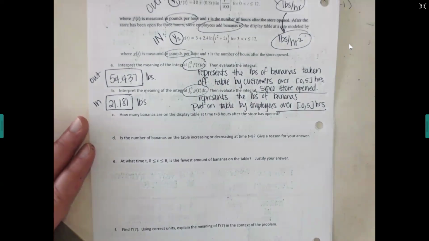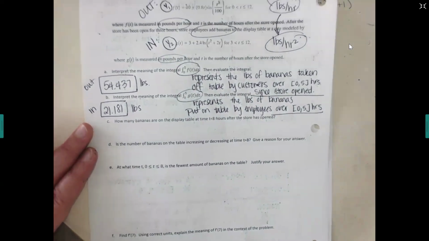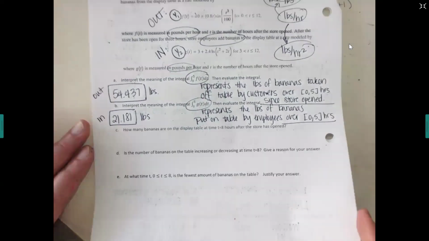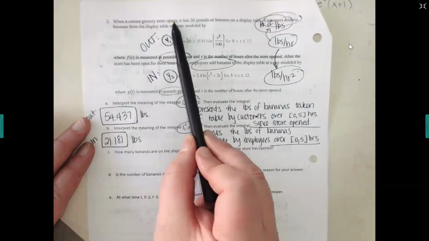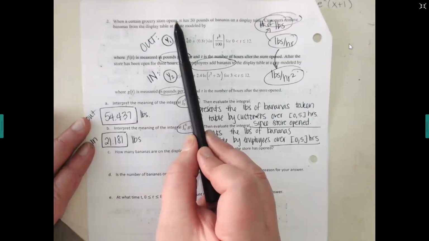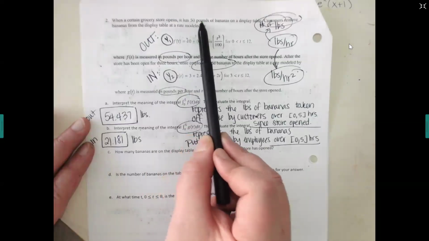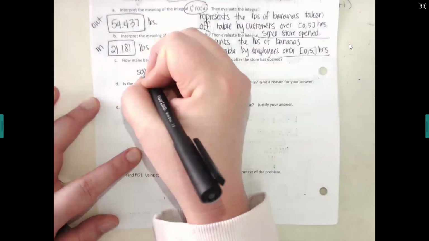So I want you to think about, this one has one additional thing the other one didn't. Read the very first sentence. It says, when the store opens, how many pounds of bananas were already on the table? 50. So you're going to want to take the starting amount.